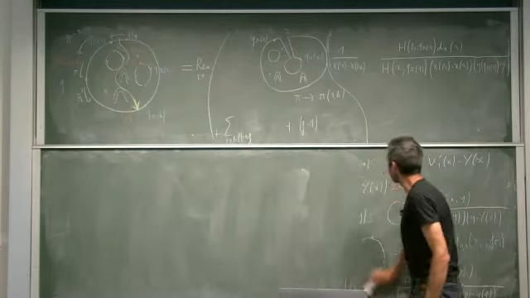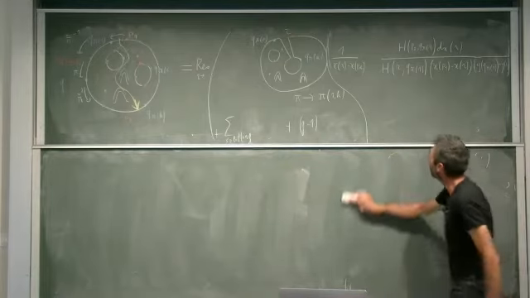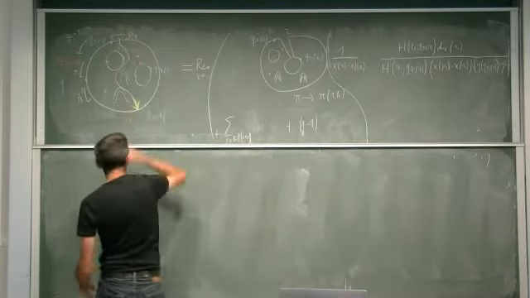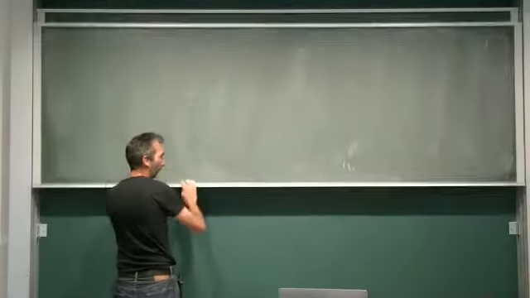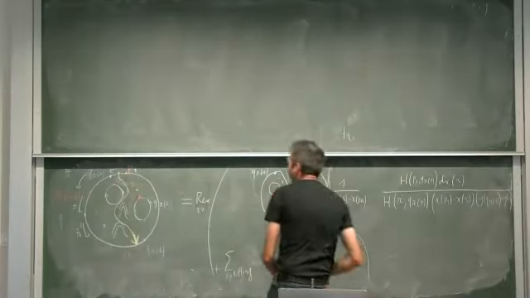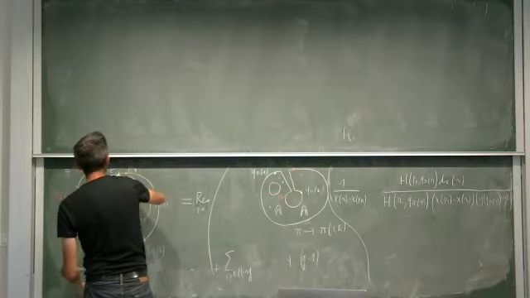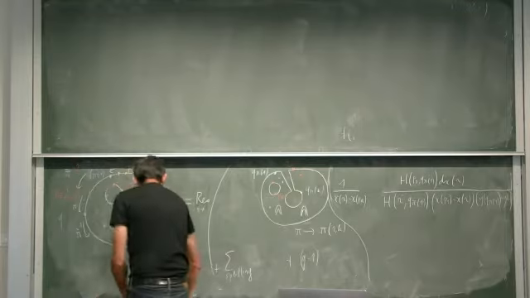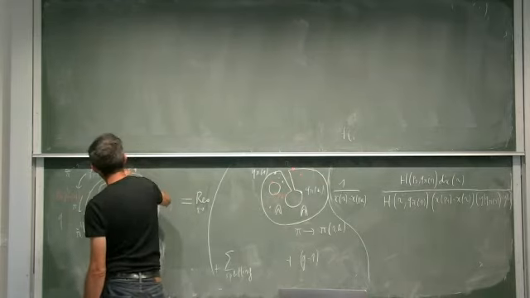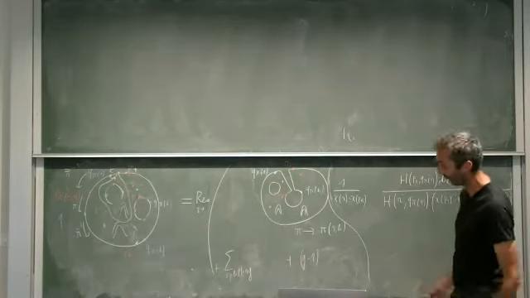So what are the other possibilities? The last possibility in this picture is when, in fact, I come back to the same point I started with, to the same piece of boundary.